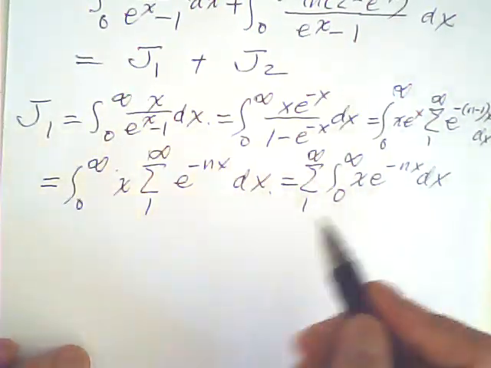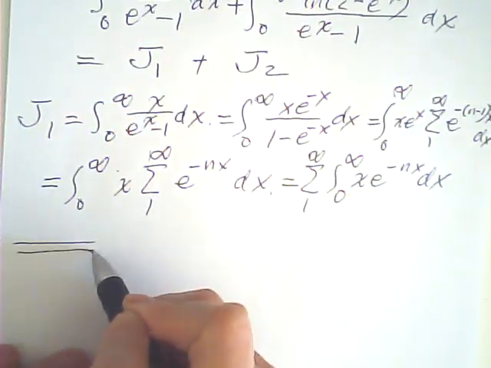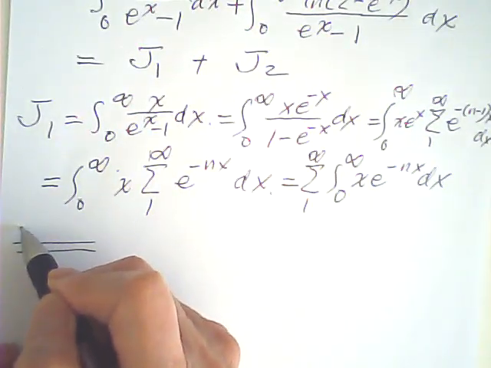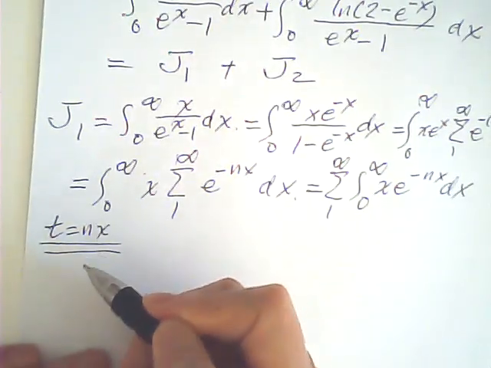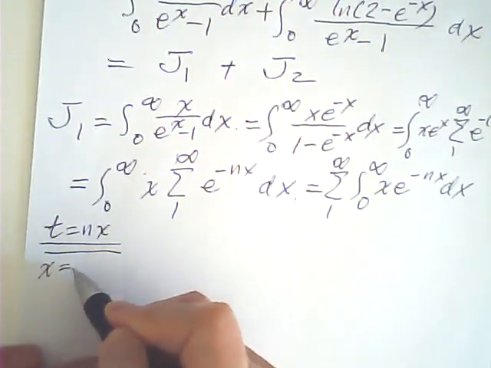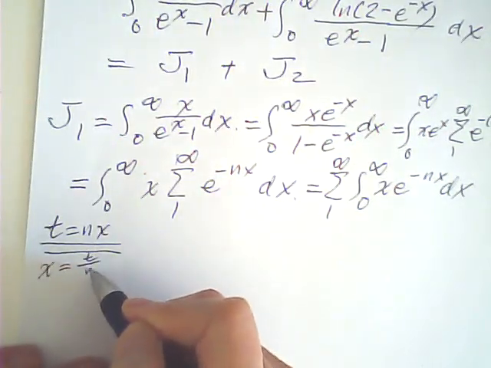Now here I'm using substitution. Let t be n x, so my x is equal to t over n.